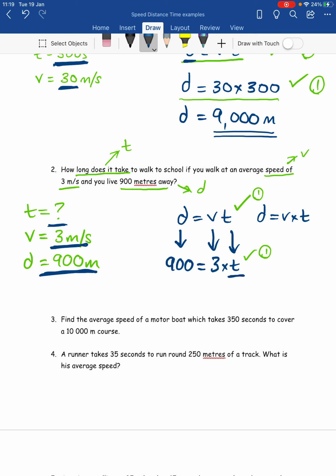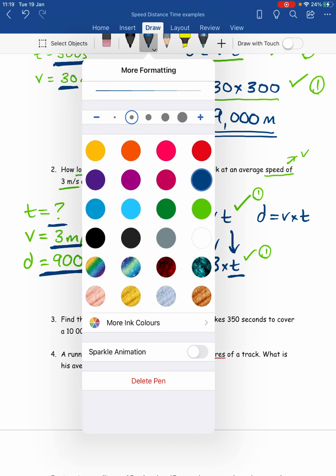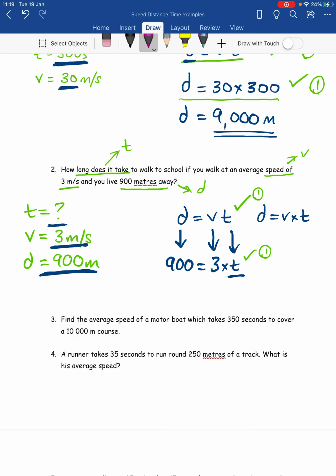Now at the moment the time is joined on, if you like, to the number 3 here because it's being multiplied by 3. What I need to do is move this across because I want the time by itself. Now when I move this across, it's going to need to go underneath the number 900.